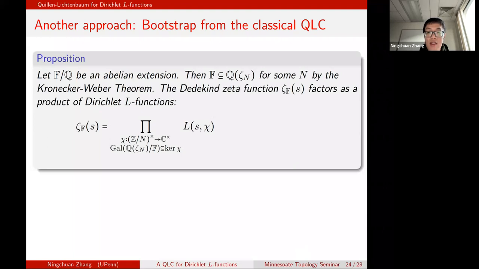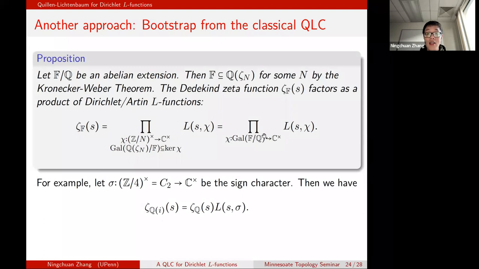Then the Dedekind zeta function factors as a product of Dirichlet L functions, a pretty crazy factorization, ranging over all characters whose kernel contains this Galois group. And it can be simplified if we accept that those Dirichlet L functions are also Artin L functions, so we just take the product over all characters of this Galois group.